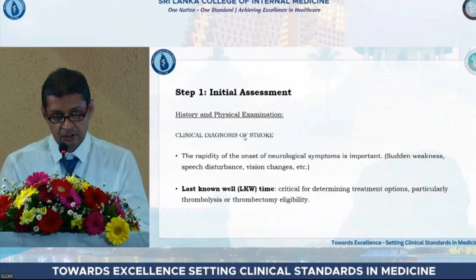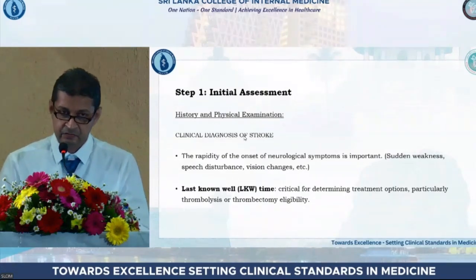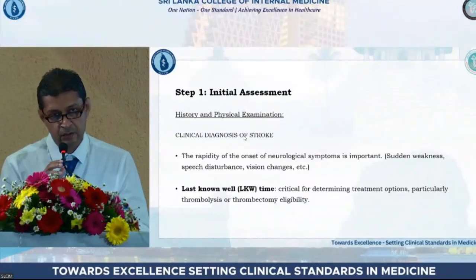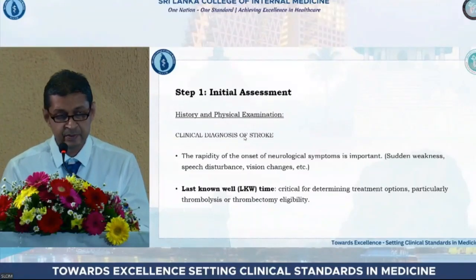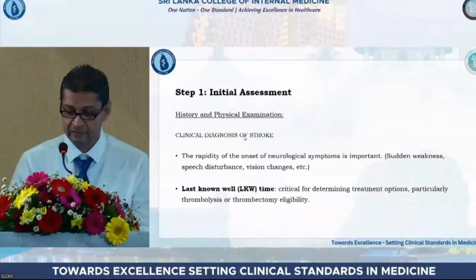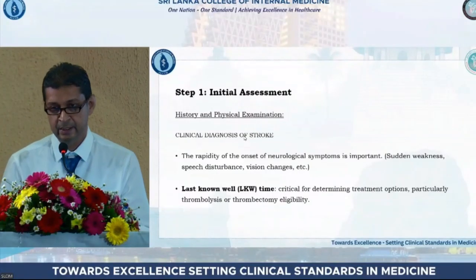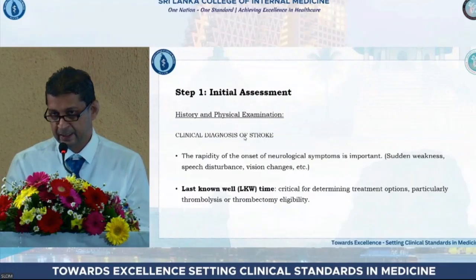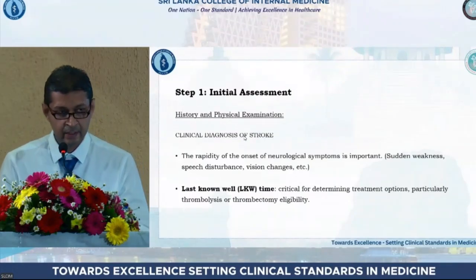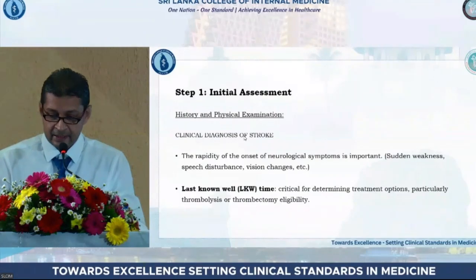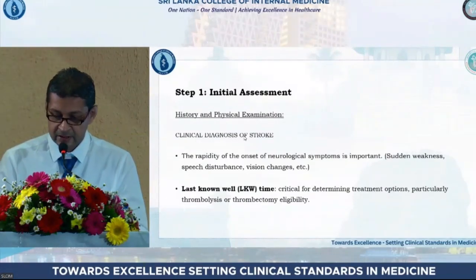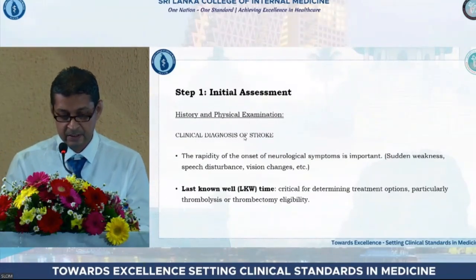We know stroke typically presents with sudden onset neurological symptoms. It can be sudden onset face, arm, leg weakness, it can be sudden onset speech disturbance, or it could be sudden onset gait imbalance.